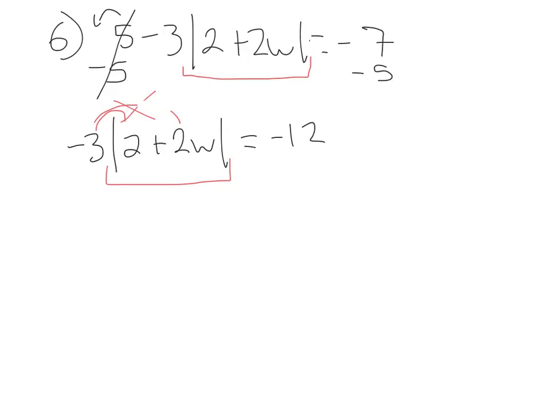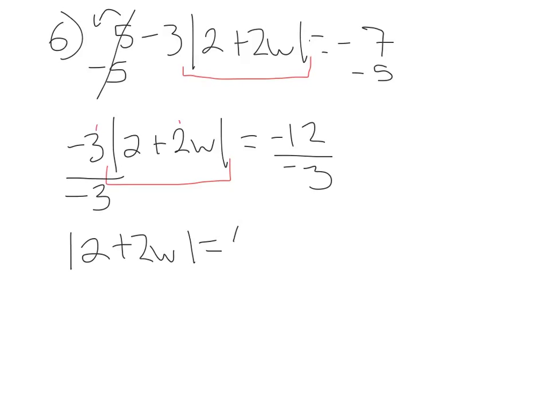We are actually going to do what we did in the previous problem. We're going to divide by -3 because that's the inverse of multiplication. Whatever I do on one side, I do to the other. And then I end up with the absolute value of 2 plus 2w is equal to 4.